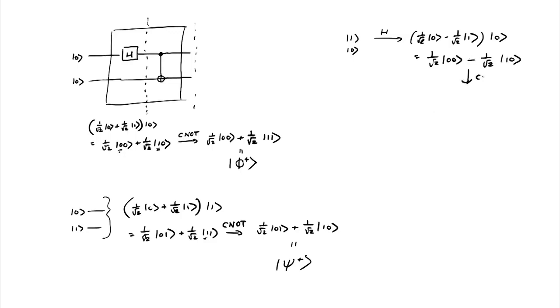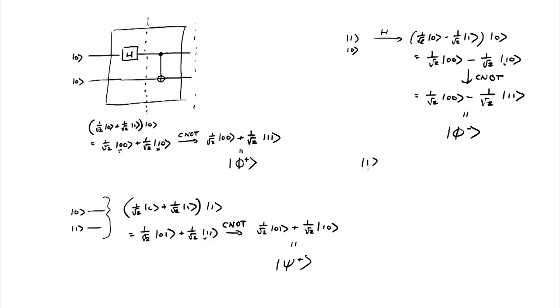And then what the CNOT does to this is it flips that qubit, so you get 1 over square root 2, |00>, minus 1 over square root 2, |11>. So it looks very much like this Bell state we are used to, except that the phase here is minus. So this state is called phi minus. It's also another kind of Bell state.